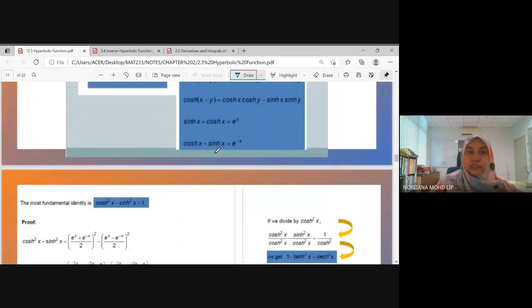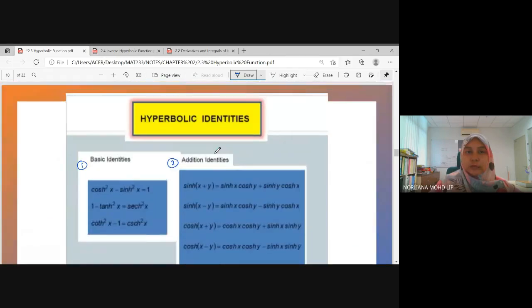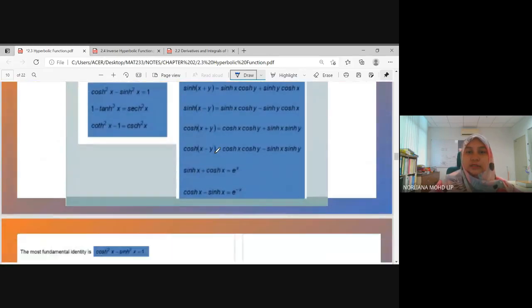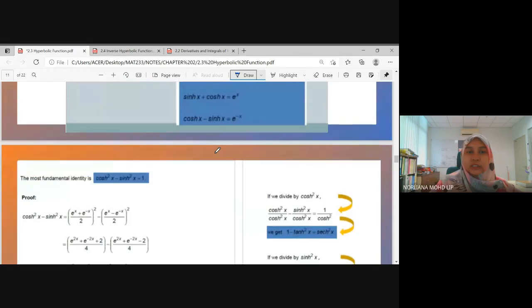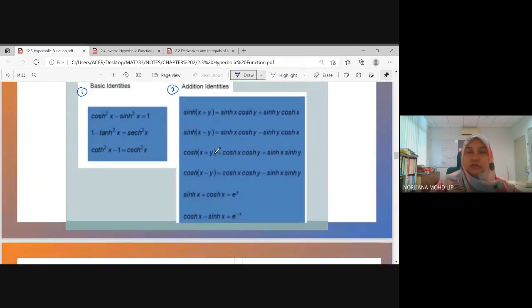Okay, contoh next example ni untuk proving this hyperbolic identities. Ni. Final biasa tak ada pun nak proving ni. Contohlah saya tunjuk satu contoh. Kita tengok satu contoh lah. Proving for basic identities for A lah. A ni.